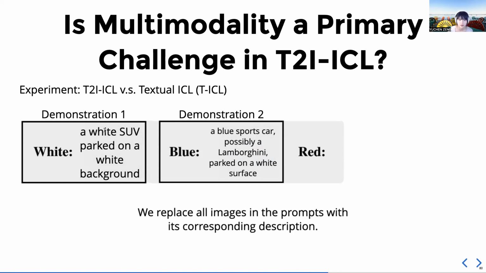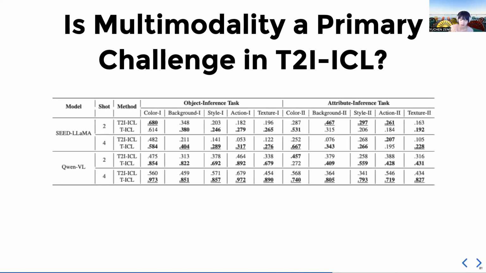And we want to see whether the model is able to generate the correct description of the image, or just the correct image. And indeed, we find that TICL, the textual ICL, significantly outperforms T2I ICL, especially in the 4-shot case.